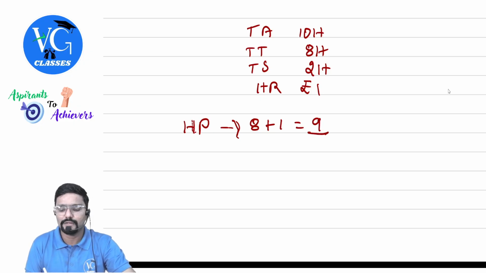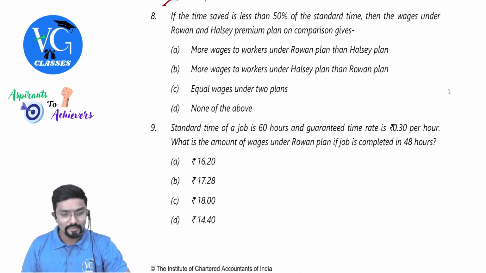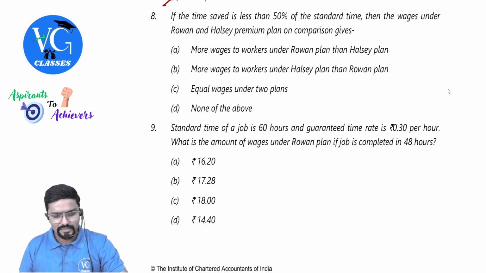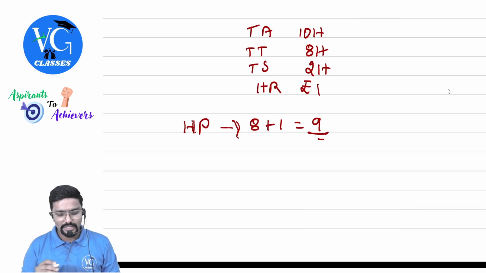So it is 9. Wages means total wages, because if it is basic wages, it is same under both.